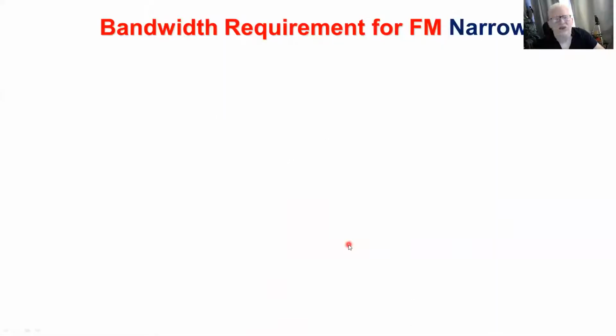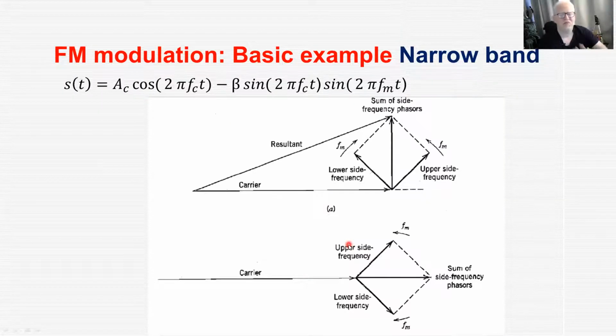Now, let's turn to the other side. If you remember, in the final part of the AM lecture, we dealt with what are called the 2 main parameters that have a financial impact on the communication system: the bandwidth and the power.